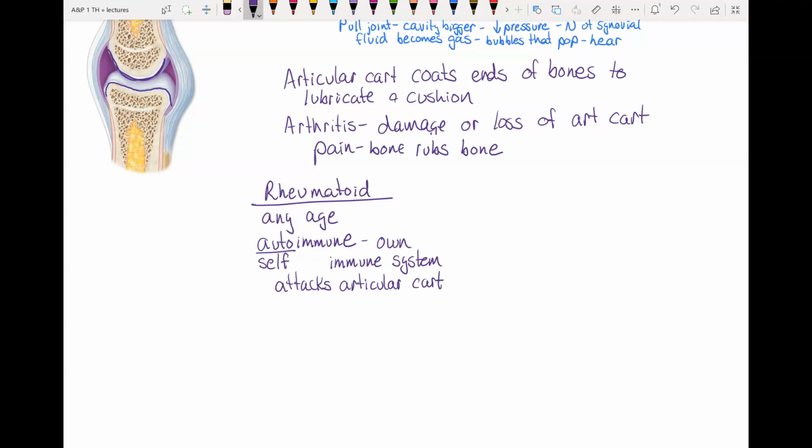So that's why your articular cartilage is damaged and destroyed, because your immune system is treating it like an infection and killing it and attacking it.